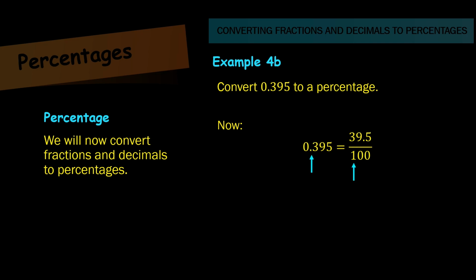The decimal point acts like the 1 in the denominator. The number of places by which the decimal point has shifted is the number of zeros we put in the denominator. We now have a value out of 100, and this is our percentage. In this case, 39.5%.